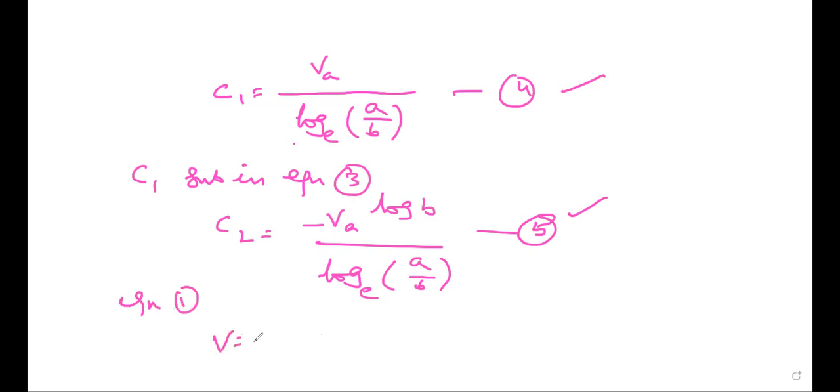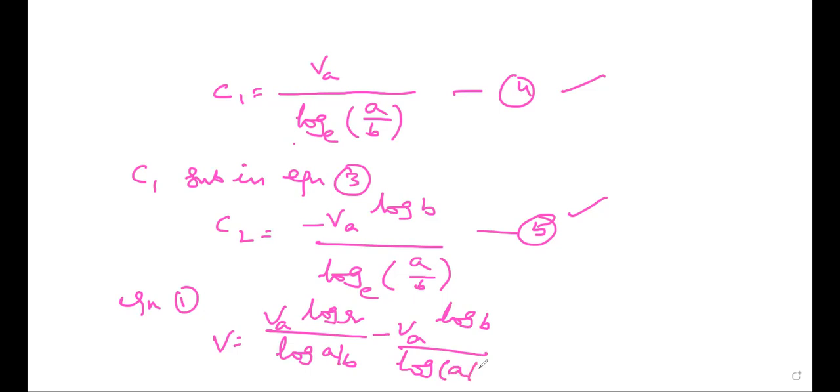Therefore V is equal to VA log r by log a by b minus VA log b by log a by b.